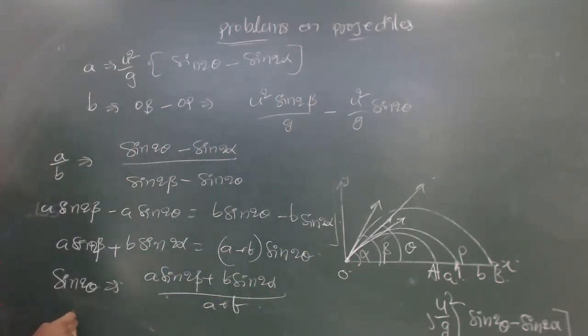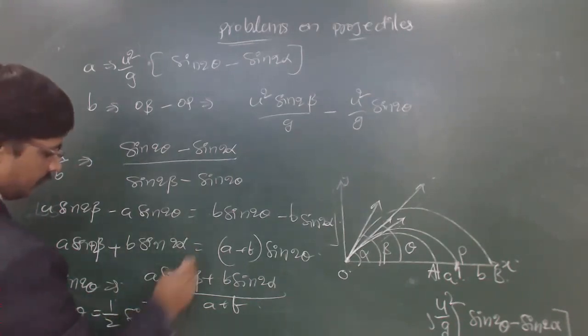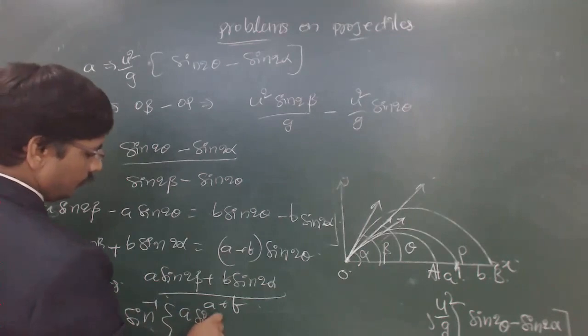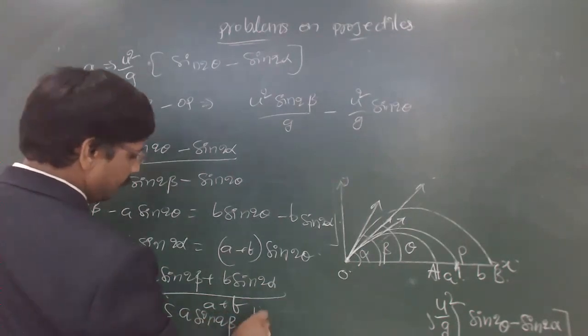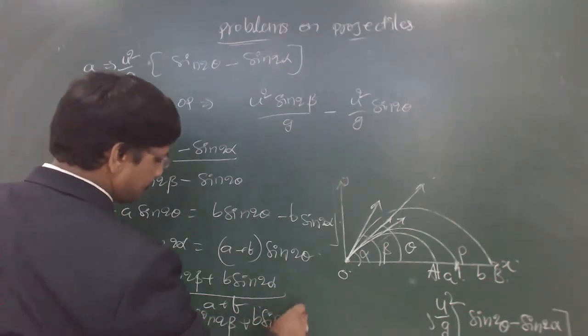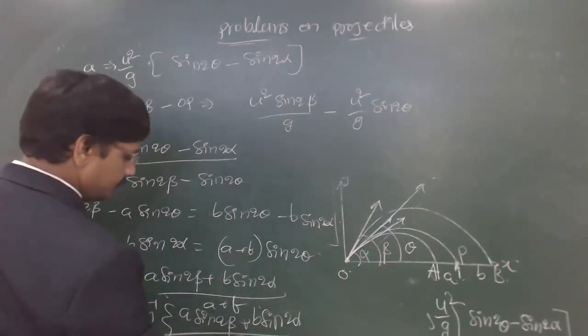So from this we can get the relation θ equals half sin inverse of this entire value, that is (A sin 2β plus B sin 2α) by (A plus B).